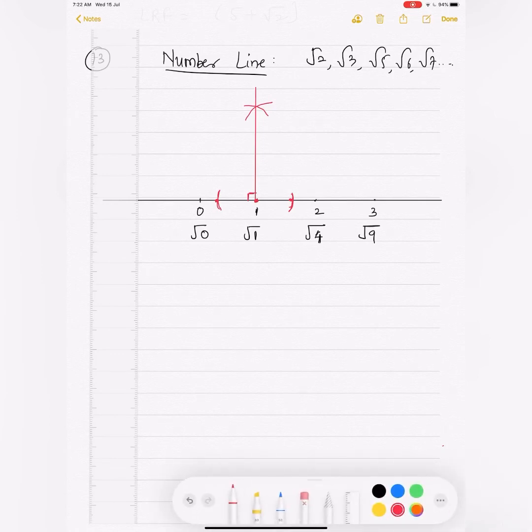Now what you need to do is measure the distance from 0 to 1. So from 0 to 1 you will measure this distance here. Measure 0 to 1 and cut an arc of that same distance. I'll repeat once again. Let's say you took this distance from 0 to 1. Measure this distance and then draw an arc of the same distance here also.